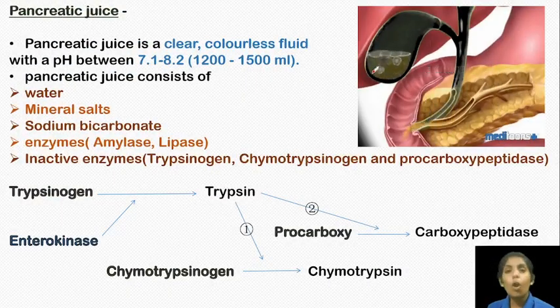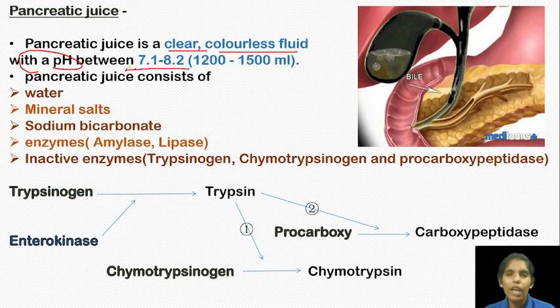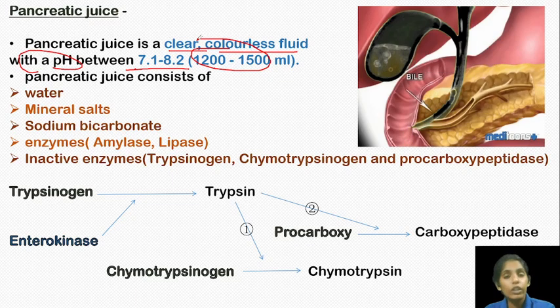And now let us know the composition of the pancreatic juice. The pancreatic juice is a clear, colorless fluid with a pH between 7.1 to 8.2. So you can say this is a basic pH. And about 1200 to 1500 ml of pancreatic juice or pancreatic secretion is produced per day into the small intestine.